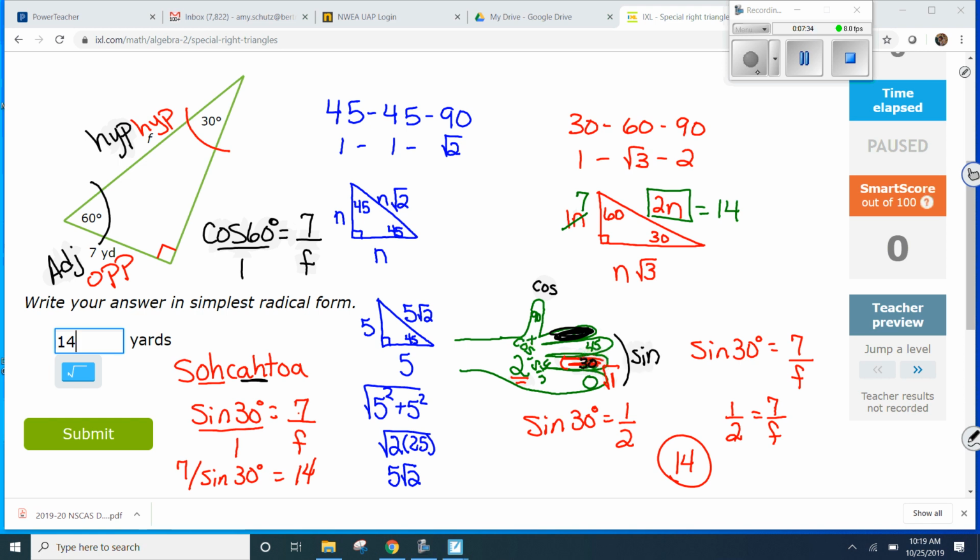So the cosine of 60 degrees is 1/2, and the sine of 60 degrees is 3 fingers here, so it's radical 3 over 2. But what we want is the cosine of 60, which is just that 1, your thumb, over 2, the palm of your hand. So you get 1/2 is equal to 7 over f, so you cross multiply and you get 14 over 1, or 14.